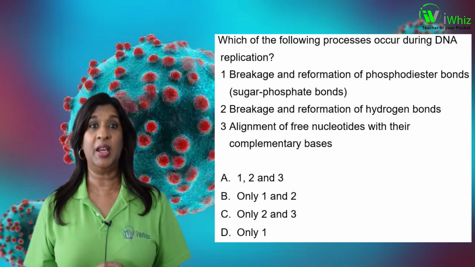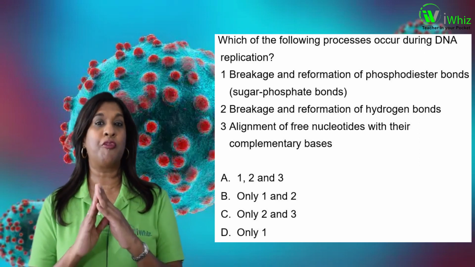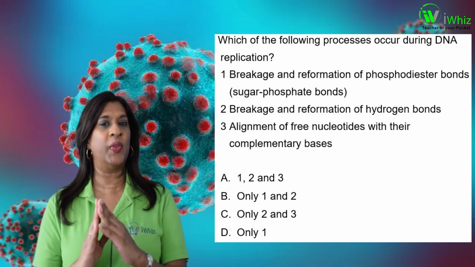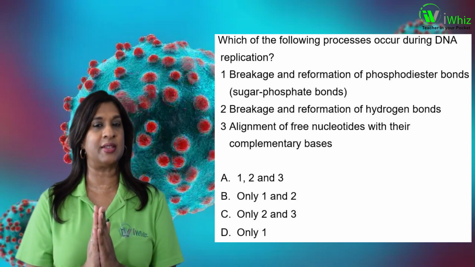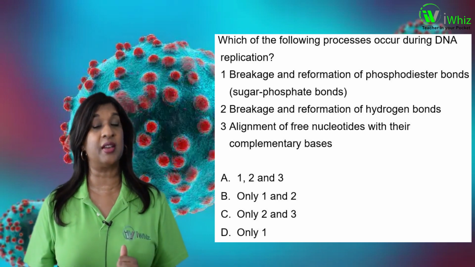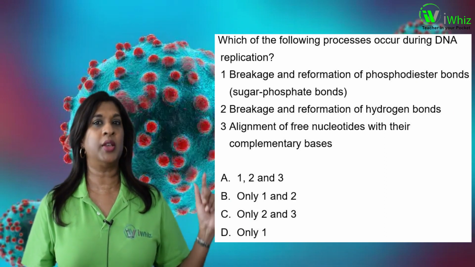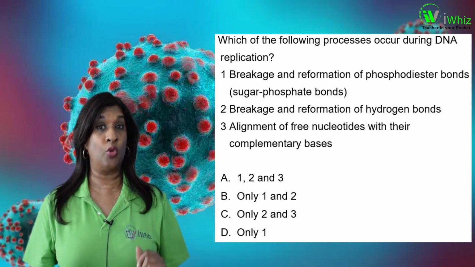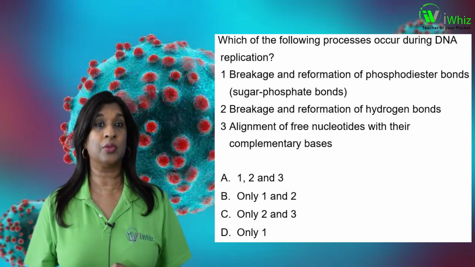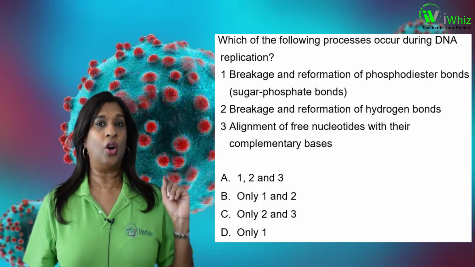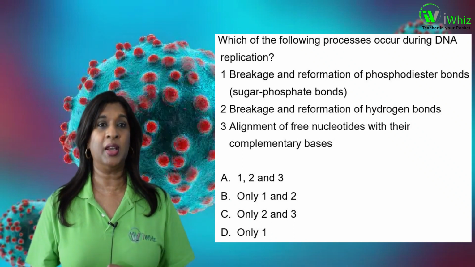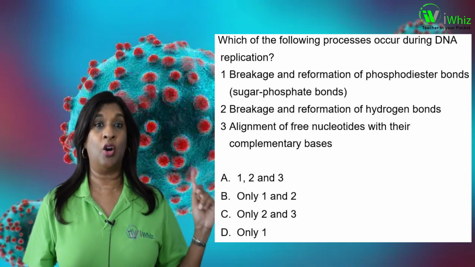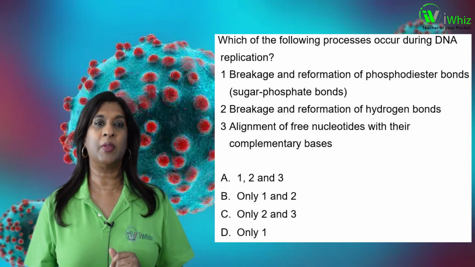And 3, alignment of free nucleotides with their complementary bases. Right? And our options are A, 1, 2, and 3, B, only 1 and 2, C, only 2 and 3, and D, only 1, right?